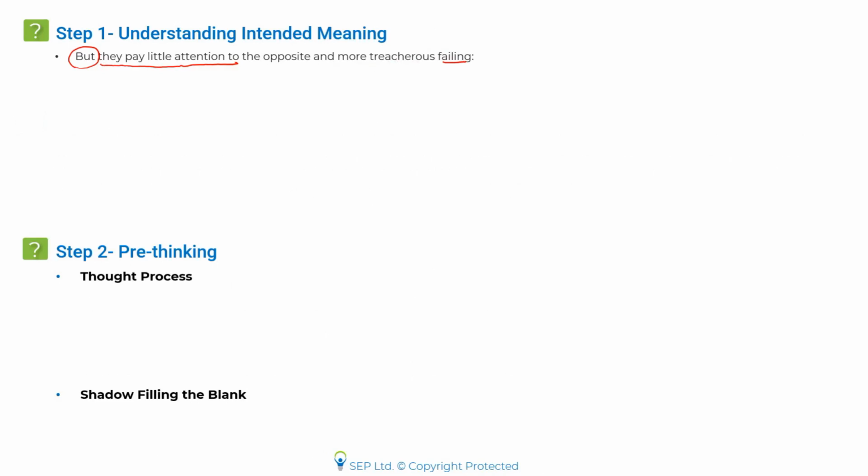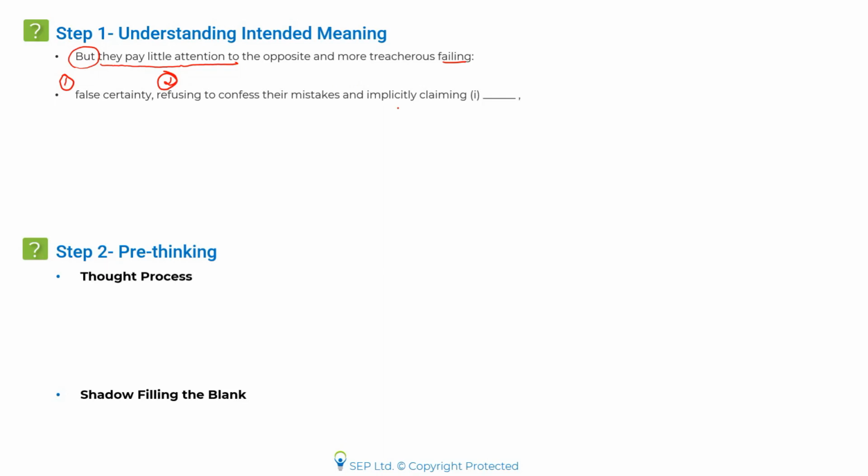Let's see what that failing is. False certainty. Here they have given us a list of failings, it seems. False certainty means you are feeling certain, but that certainty, that surety, is actually not true, it's false. This is important here. Refusing to confess their mistakes. So failing one is false surety. Failing two is not admitting mistakes.